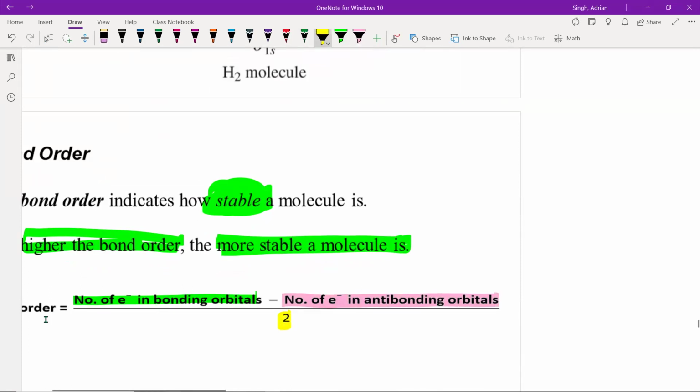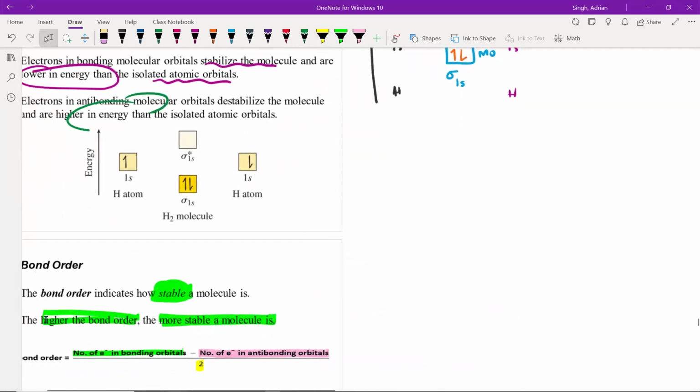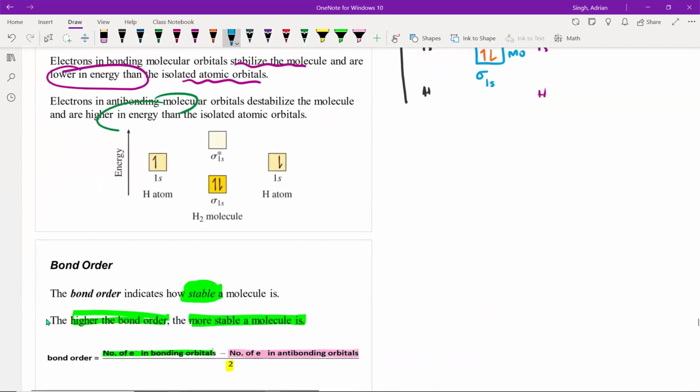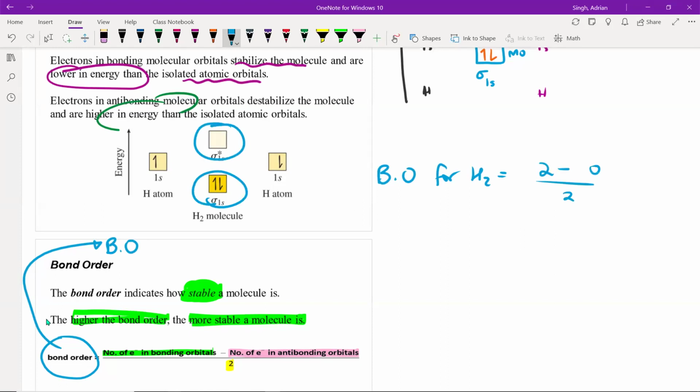So if I go back up to the example that we just did with the hydrogen molecule, I can calculate the bond order, which is often abbreviated BO. So the BO for H2, according to molecular orbital theory, would be the number of electrons in the bonding orbitals, which is 2, minus the number of electrons in the anti-bonding orbitals, which is 0. And I divide that by 2, so that's 2 over 2, which is 1.